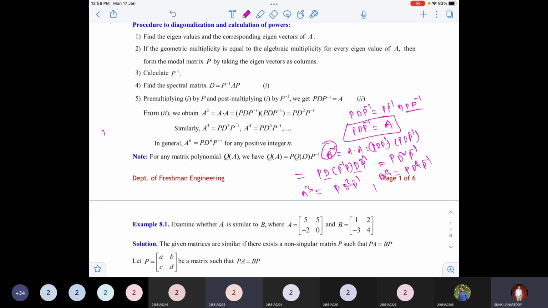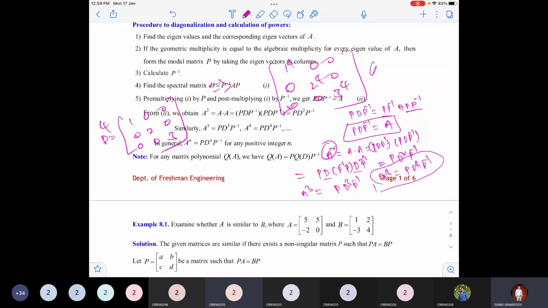Here D power 4, for example: D comes like this, 1 0 0, 0 2 0, 0 0 3. Here D power 4 is very simple: 1 power 4, 0, 0, 0, 2 power 4, 0, 0, 0, 3 power 4.